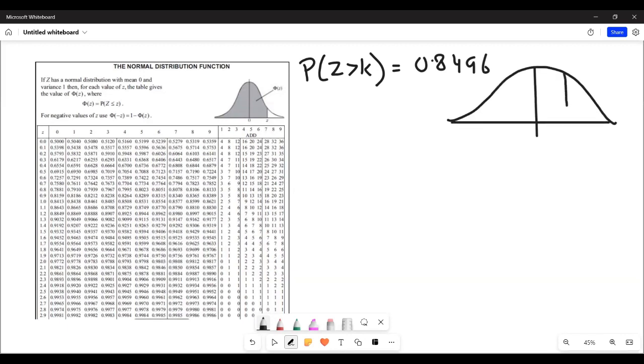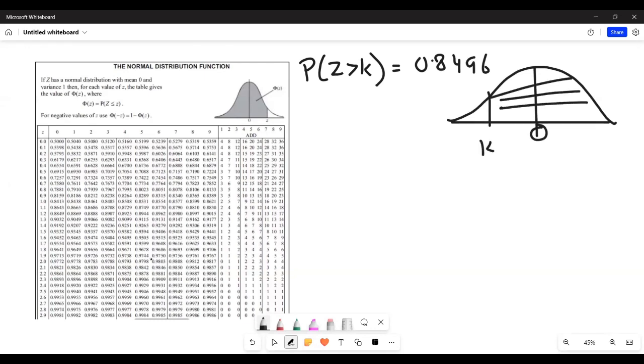Greater than साइड है, that means यहाँ कहीं, let's say अगर मैं कह रही हूँ कि ये वो value है K की, so this cannot be 0.8496 because this area is less than 0.5, because this is supposed to be 0.5. So that means K is some value at the left of 0. We have 0 here. So K is somewhere over here. Now it makes sense that this region or this probability is 0.8496. Okay, so we know K is negative.